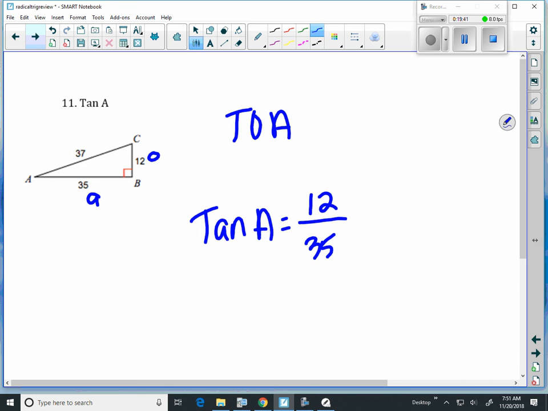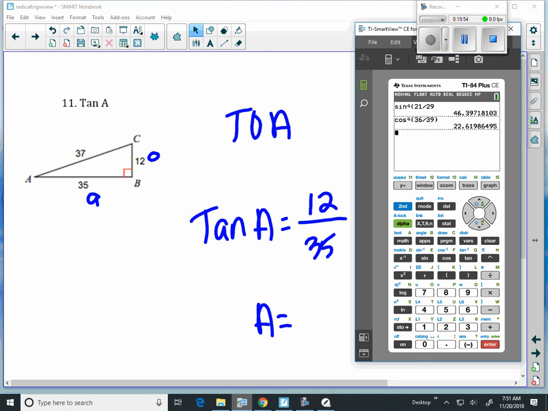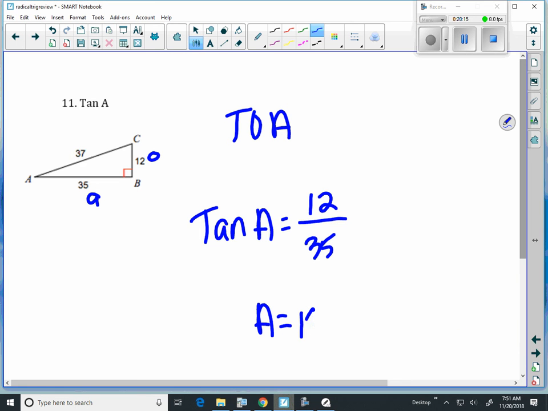That's where we get the O and the A. Opposite comes first, so it's the numerator. A comes second, it's the denominator. Now in your calculator, you're going to do tangent inverse of 12 over 35. I'm getting 18 point, we'll say 92. You guys getting 18.92? Don't forget to put your degrees on there.